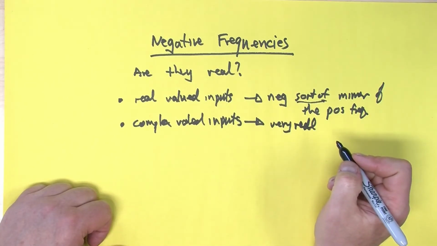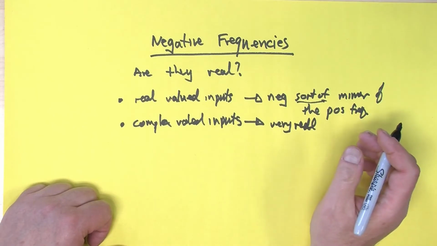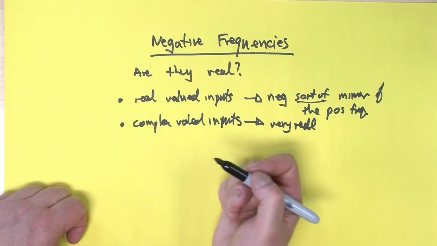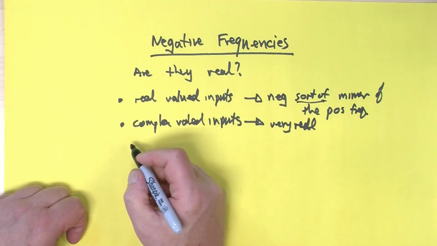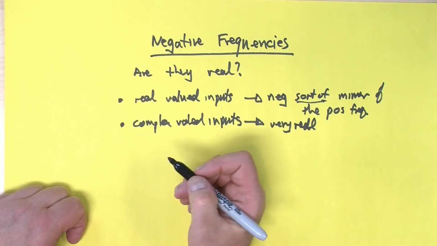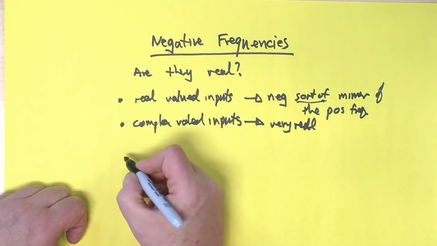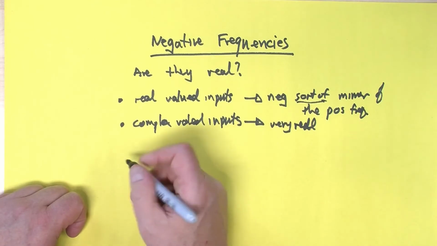Probably just as real as imaginary numbers are real, or negative numbers are real, or any other things like that. And I'll give you an example. What would happen if you used, instead of just a cos or a sine wave input, a complex input as our m of t?